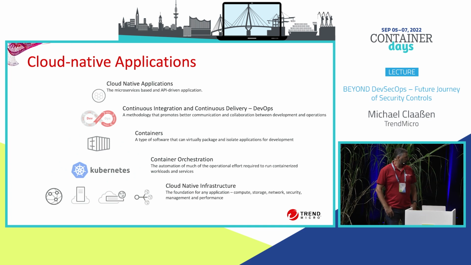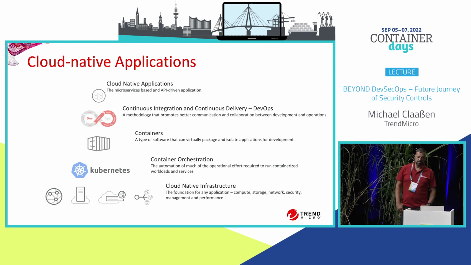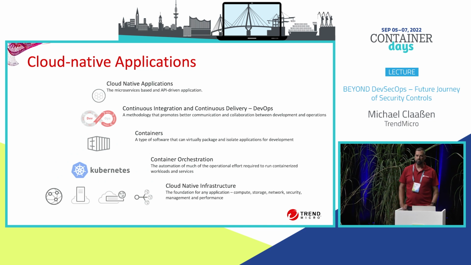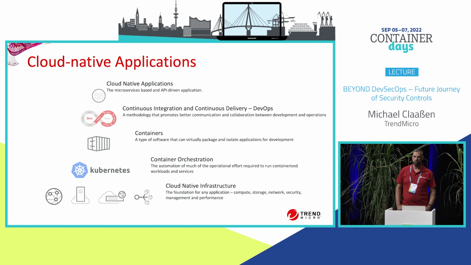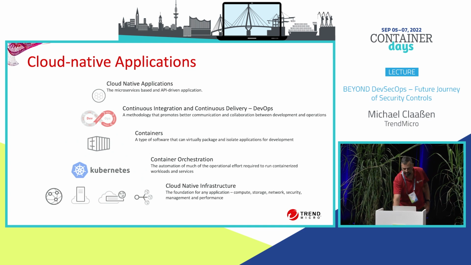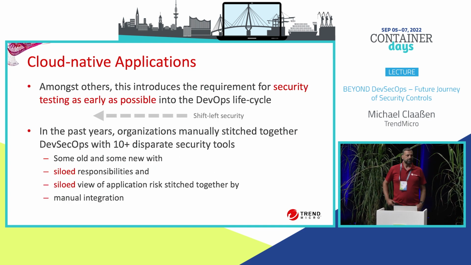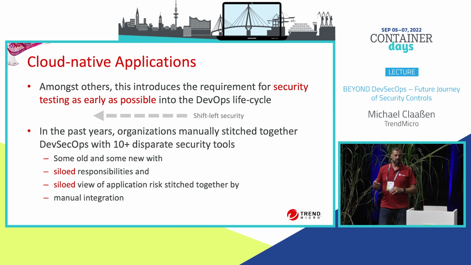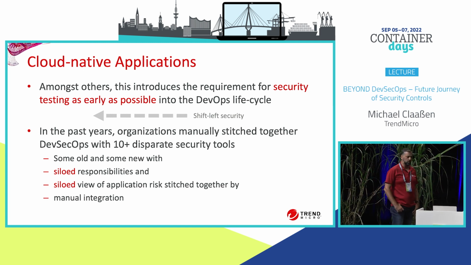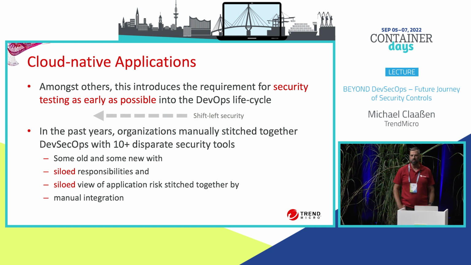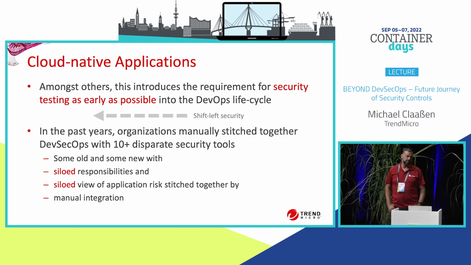But when you look at those layers, you can imagine that it's not that easy to do security for those applications, because you have to reach out into different layers that you need to secure when you're running cloud-native applications. And when you talk about DevOps or DevSecOps or SecDevOps, or whatever you want to call it, it means that you want to integrate security in this infinity donut life cycle at any stage, or at the earliest stage possible in build or coding pipelines.